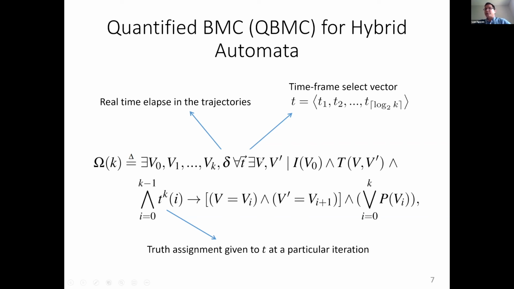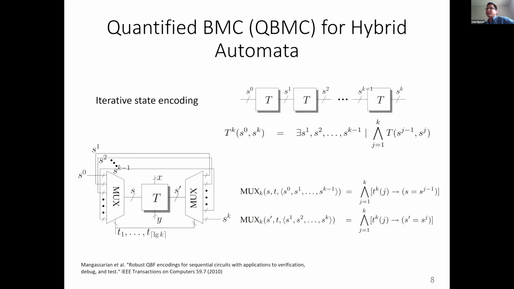In the next slide, we show how one can encode the time frame selector vector and assign the two assignments to some particular iteration. Back to the similar problem for the discrete system, the state encoding can be illustrated in an iterative form, and the transition between states can be encoded by accepting the sequence of states, with a transition from the previous state to the next state.